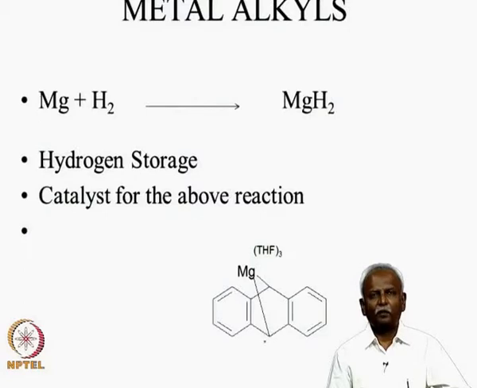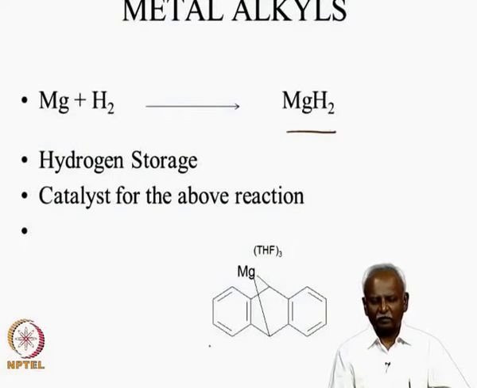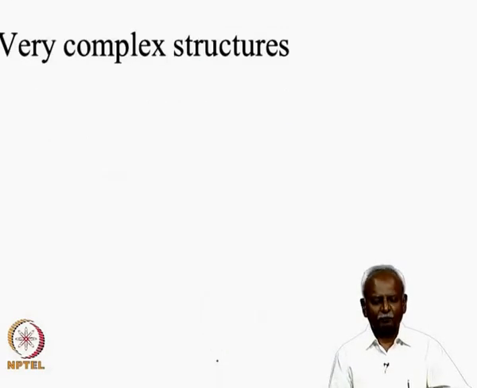Magnesium itself can adsorb or chemisorb hydrogen and form a species MgH2, and this MgH2 formation is catalyzed by this anthracene complex of magnesium, which I have pictured here. So, this is a catalyst for the formation of MgH2. So, these are some interesting applications of Grignard reagents.